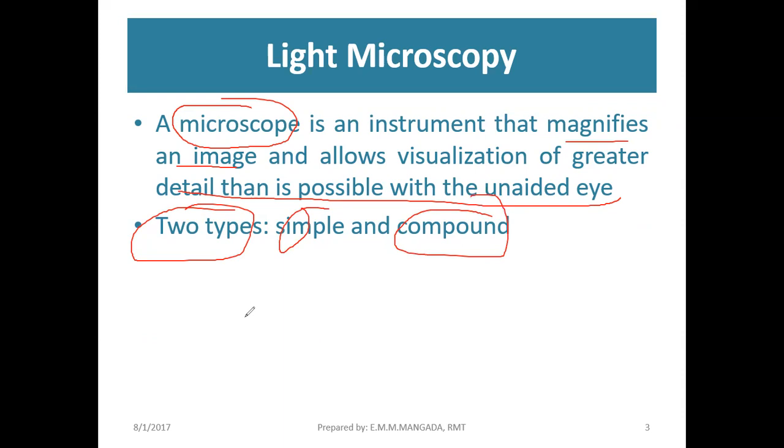And compound microscope talks about microscopes containing systems of lens, or a lens system. It means multiple lenses, and a very good example is what we use in our laboratory. Why multiple lenses? Other than the ocular, we have the objective lens. So that's your compound microscope.